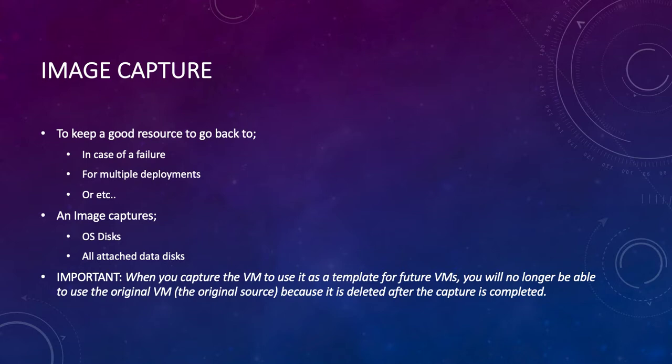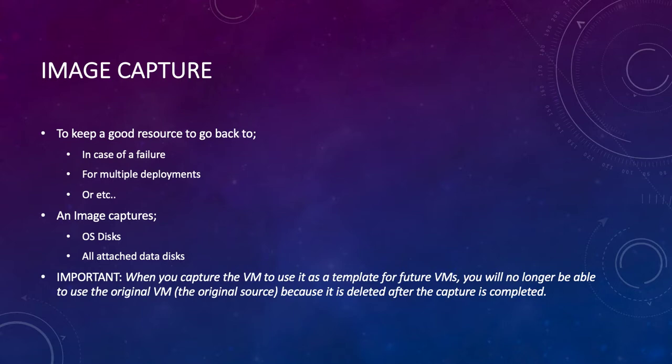So when you capture the VM to use it as a template for future VMs, you will no longer be able to use the original VM. This is another important note. The VM that you are capturing an image from will disappear and be disabled after you capture the VM.